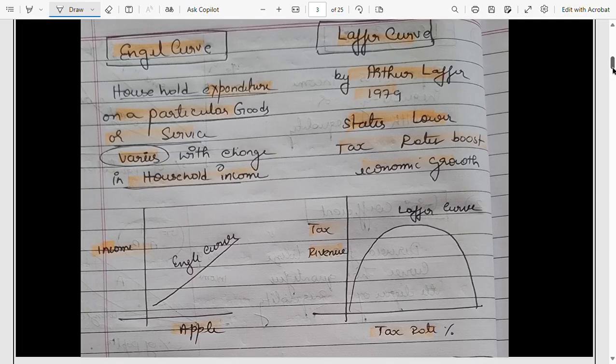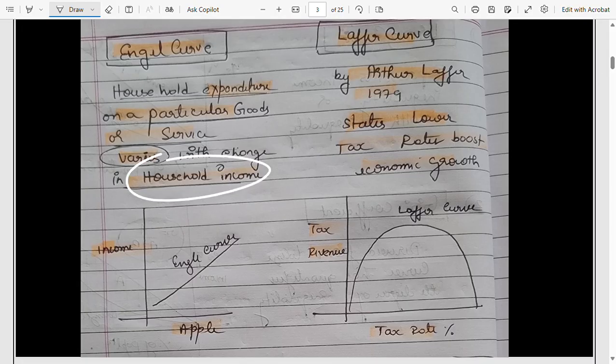After 2 years, their household income increased to 1 lakh per month, so they were able to buy a luxurious sofa set. That difference is represented by the Engel curve. So it says that the expenditure on a particular good or service varies with the change in household income.